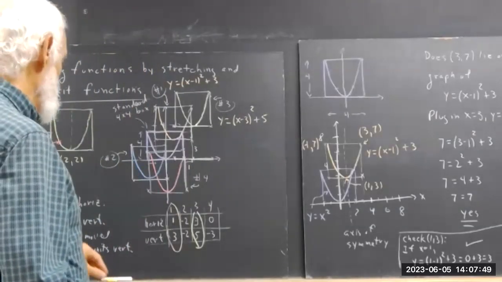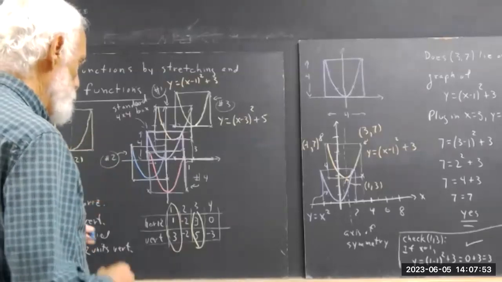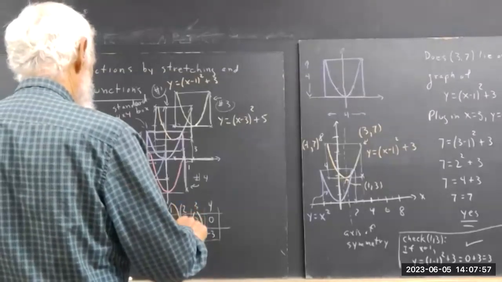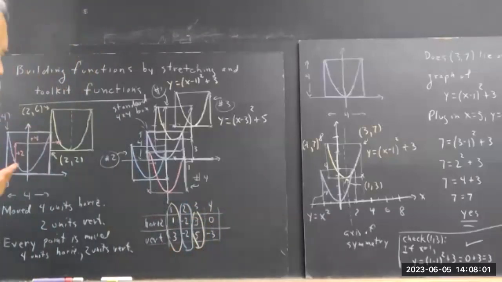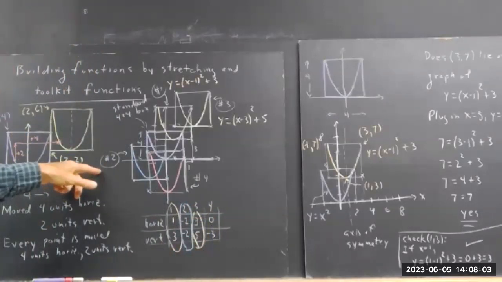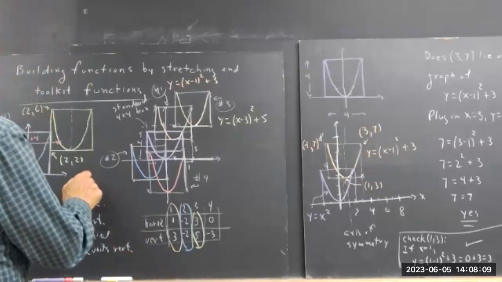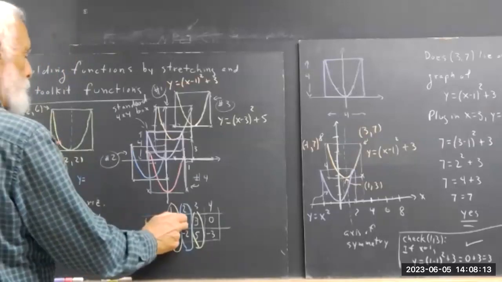Now, what do you think about number 2? Number 2 is in blue here. The negative sign might be a little confusing.